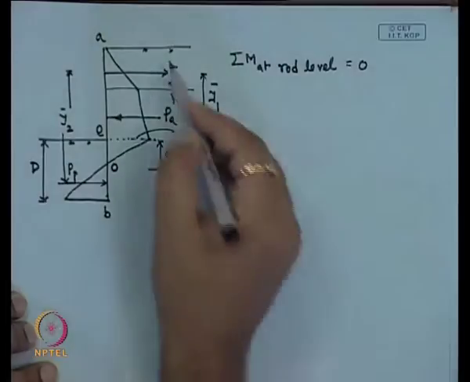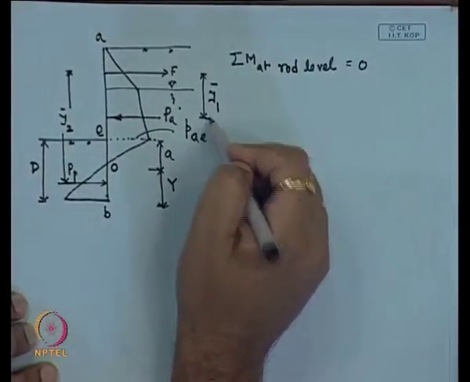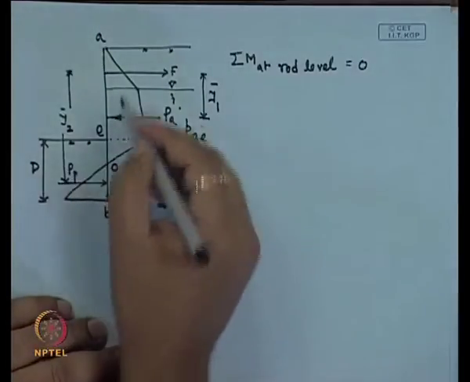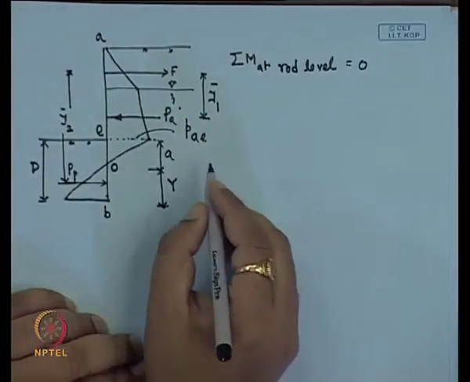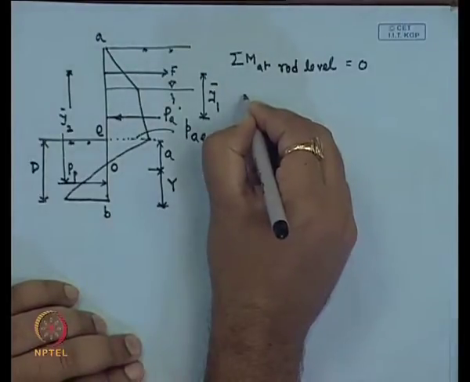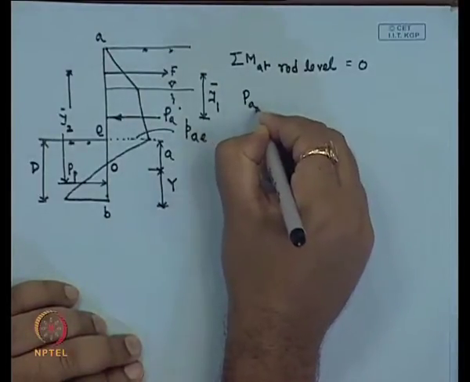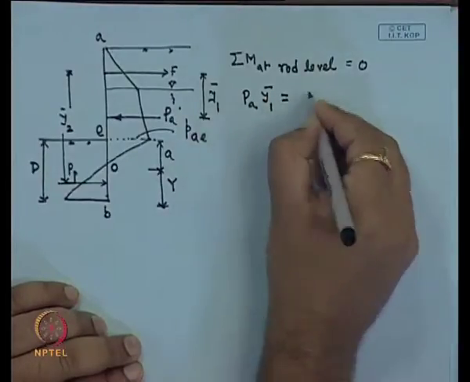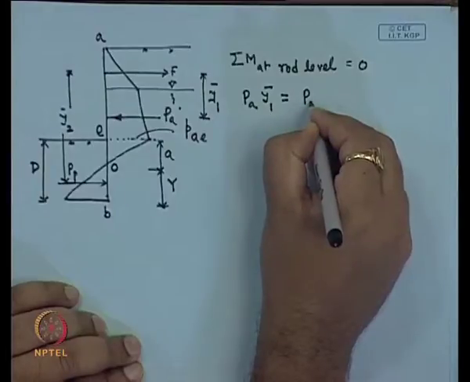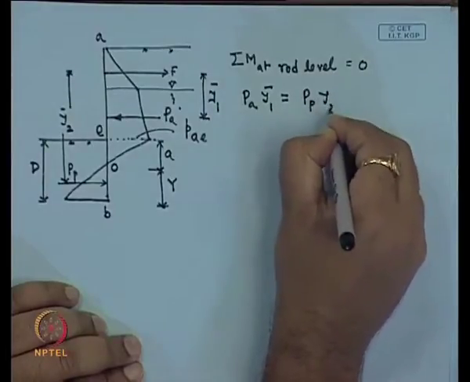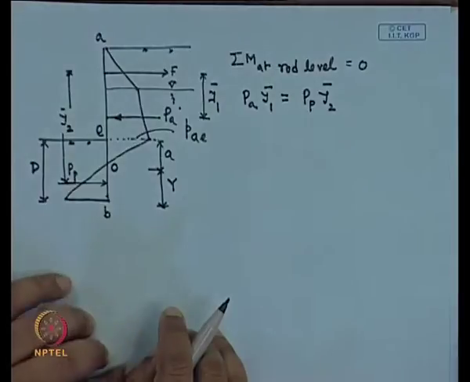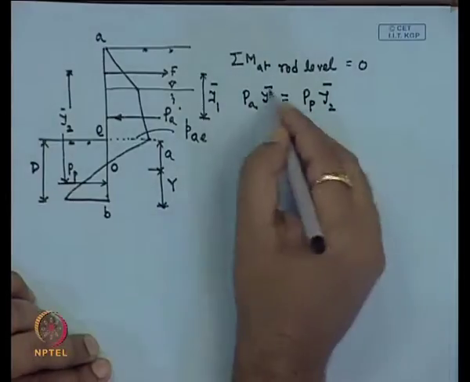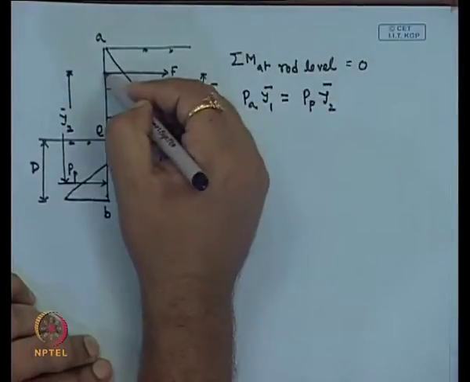Now, we can say that P A into y 1 bar is equal to P P into y 2 bar. So, this is the expression if I take the moment at the rod level.